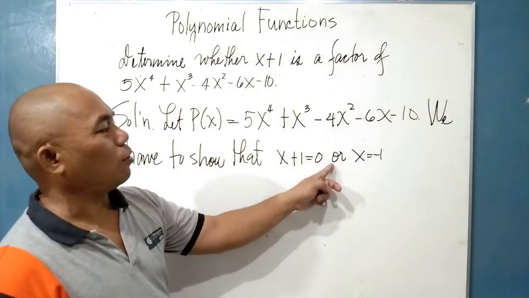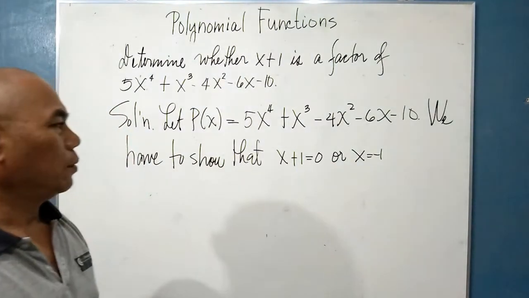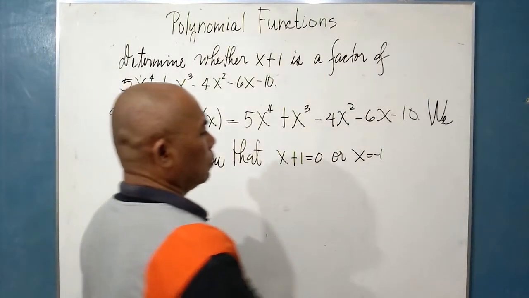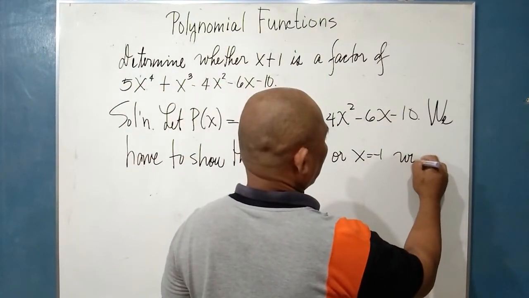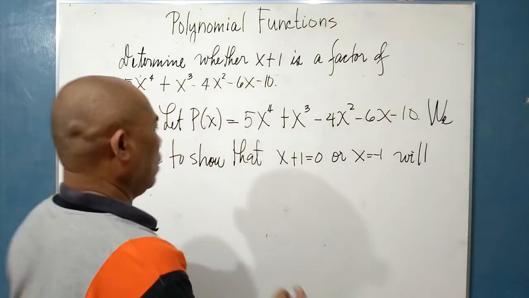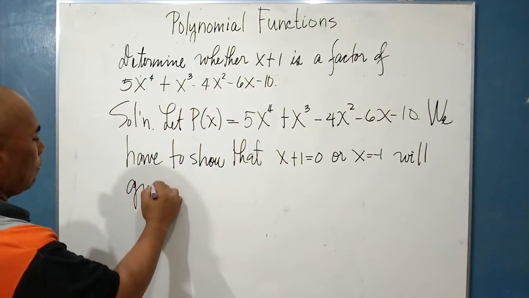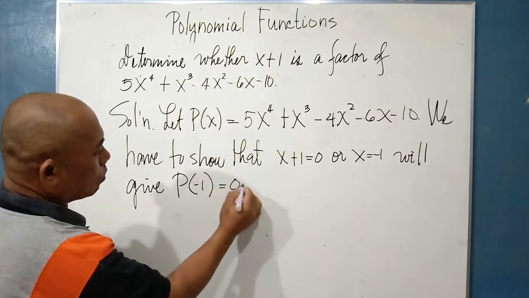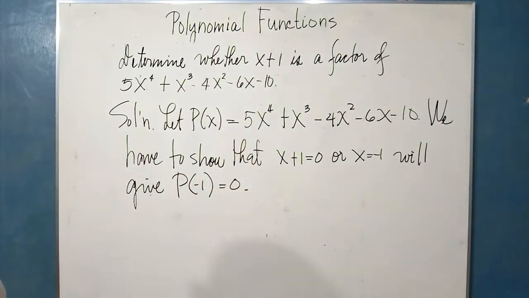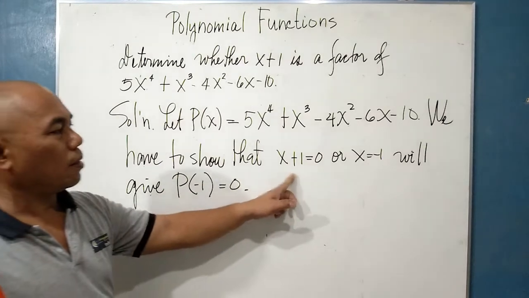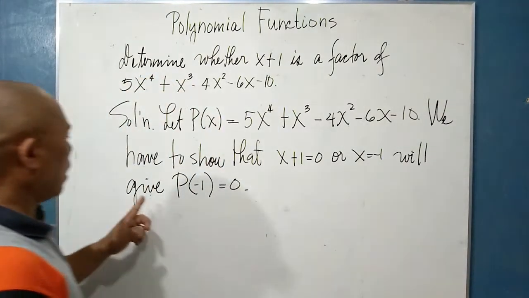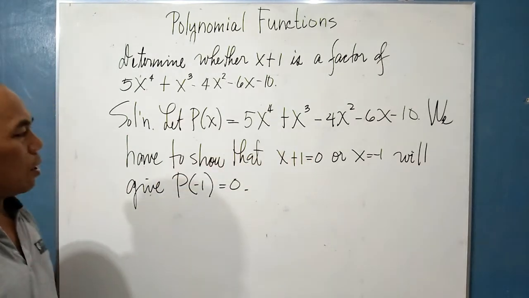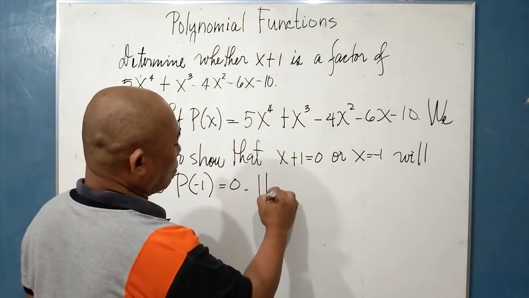So, giana lang nato. Will give p of negative 1 equals 0. So, we have to show that kana will give aning atong polynomial equal to 0.